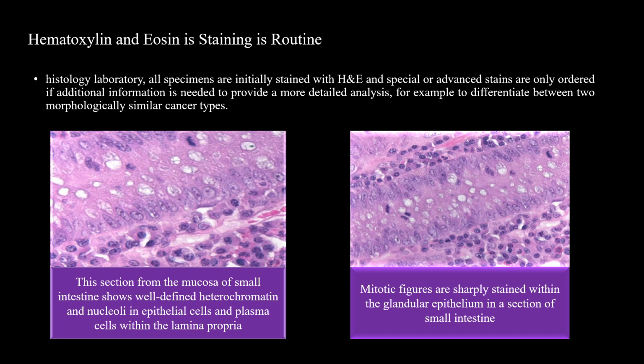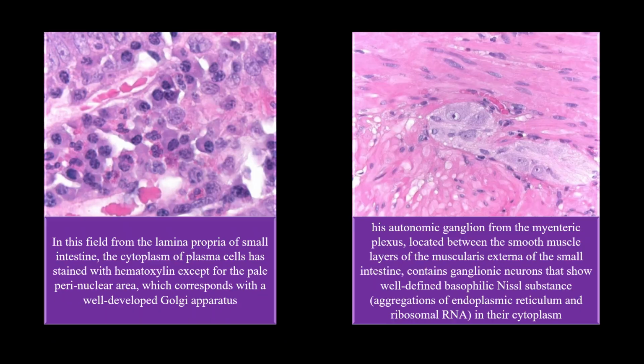Hematoxylin and eosin staining. The section of microscopic small intestine shows well defined nuclei, epithelial cells and plasma cells within the lamina propria. The cytology pigment has user-friendly special advantages, staining only provides the additional information, neatly providing related examples of differences between two types of morphologically similar cancer types. Goblet cells are shown in the glandular epithelium in a section of small intestine.